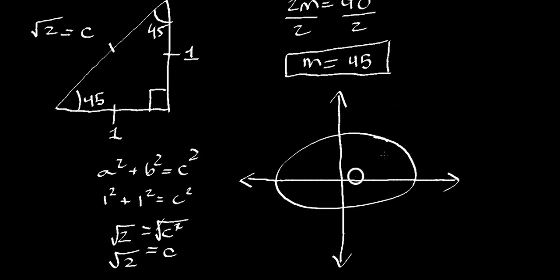We can draw these triangles all over this unit circle. That's what it's called. If I draw this triangle right here on this unit circle, it's 45. We count. This is the standard position.